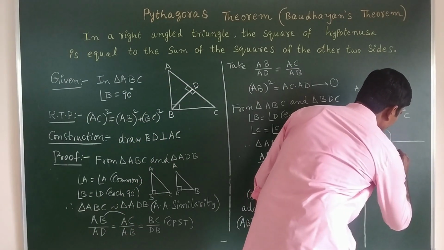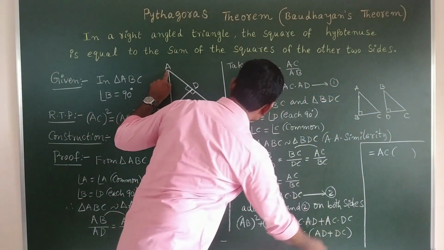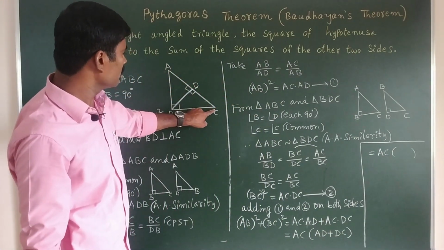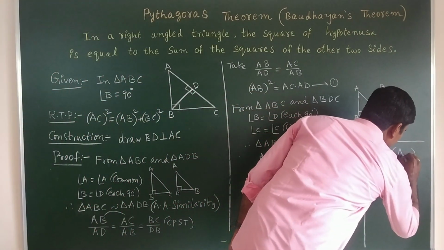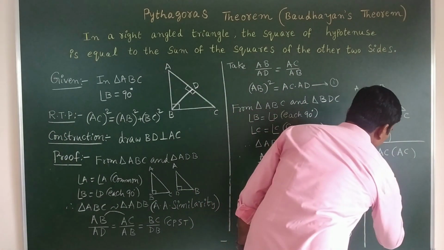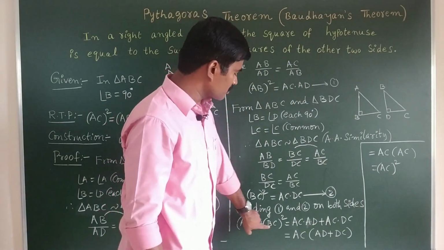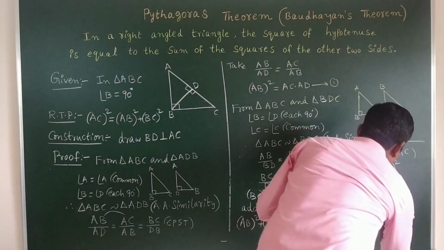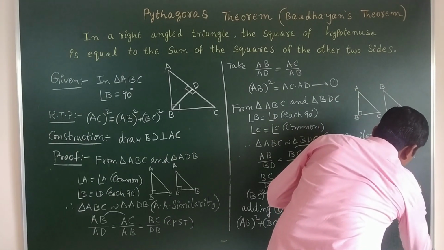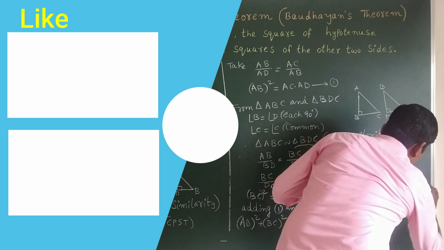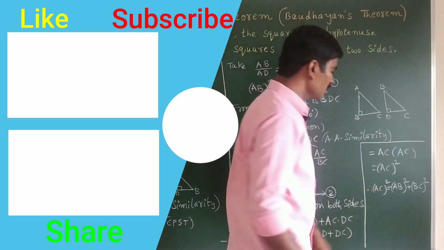AC into AD plus DC. The sum of AD plus DC is equal to AC. So AC into AC, that is AC whole square. So write in order, AB square plus BC square is equal to AC whole square. Therefore, AC whole square is equal to AB square plus BC square. So this is the required proof, hence proved.